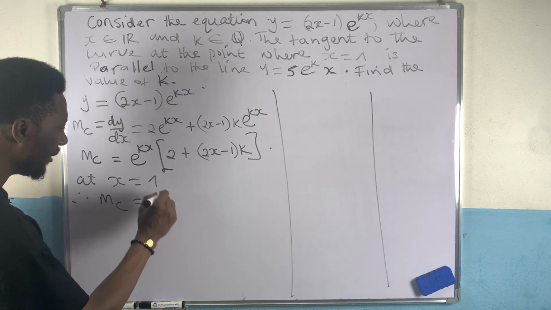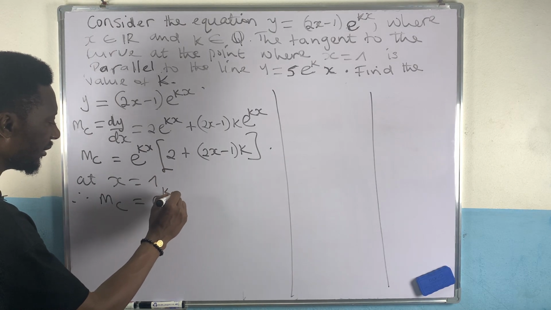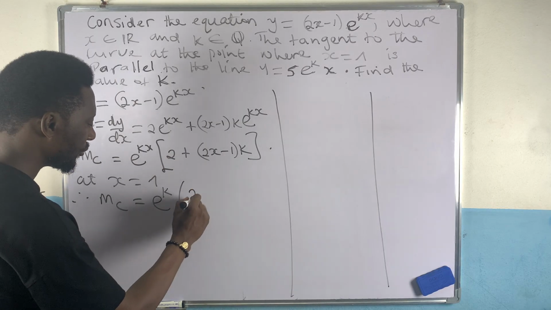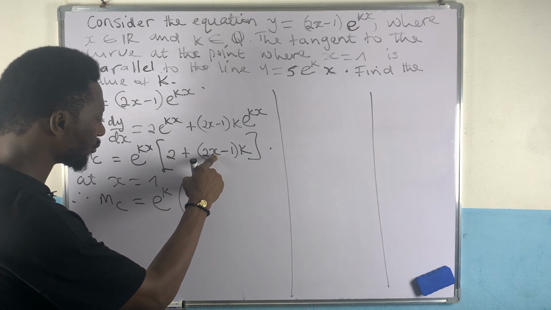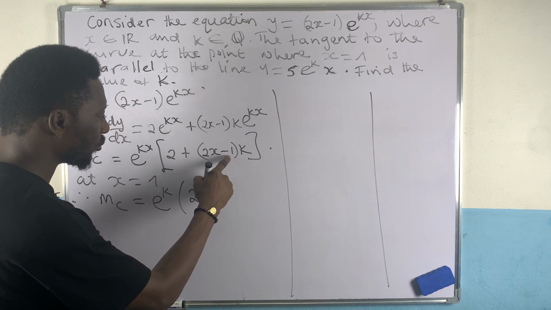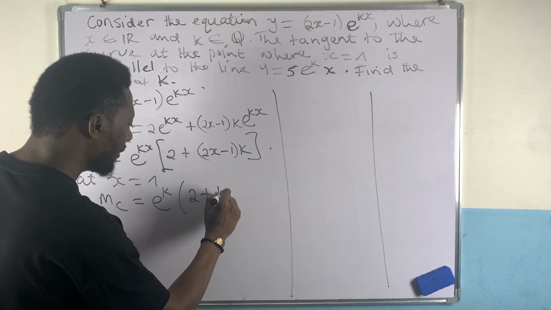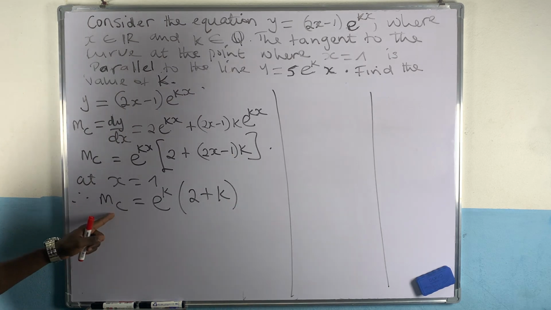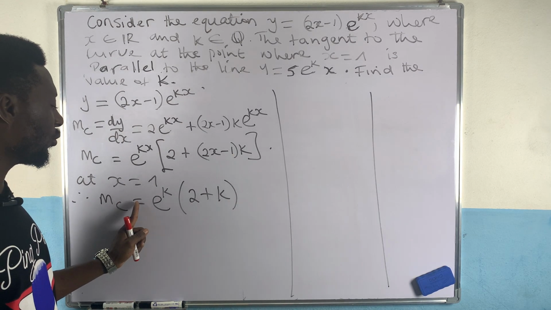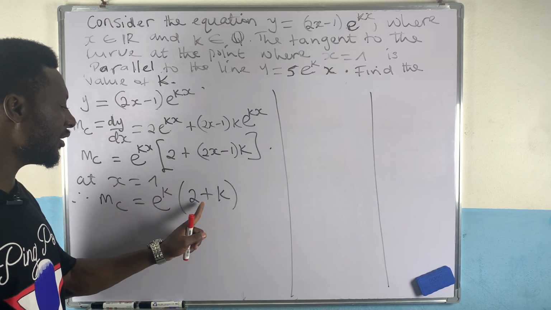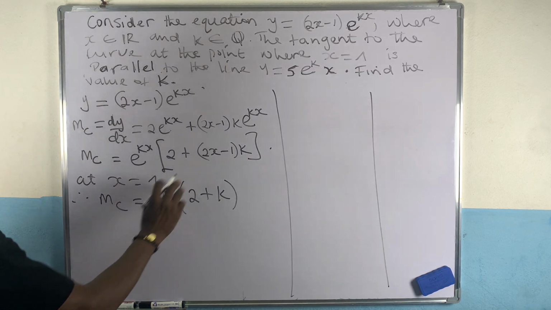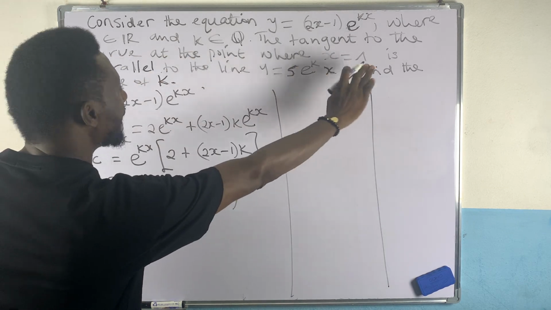So we have e exponent k times 2 plus 2 times 1 minus 1, which is 1 times k, which is k. So the gradient of the curve at x equals 1 is e exponent k times (2 plus k).